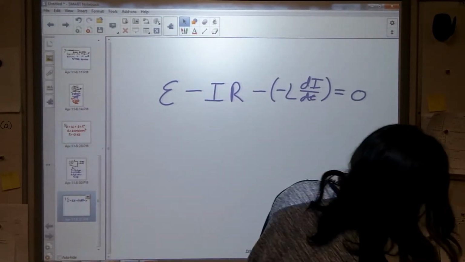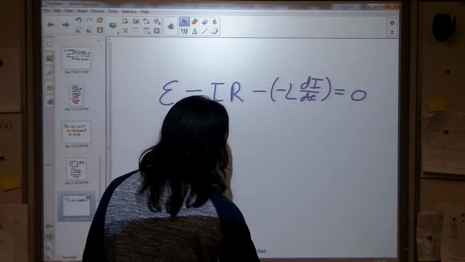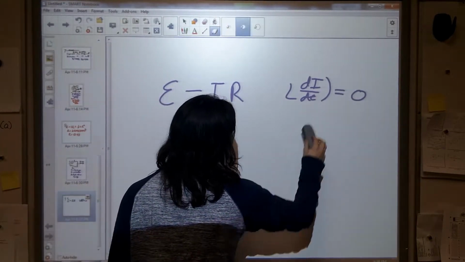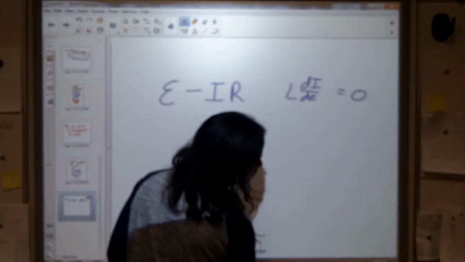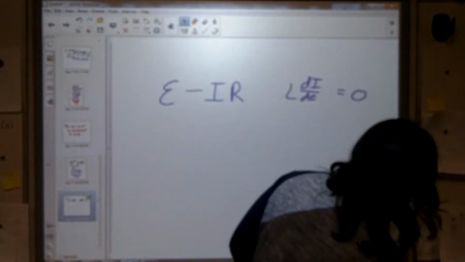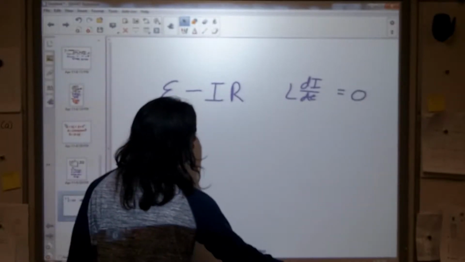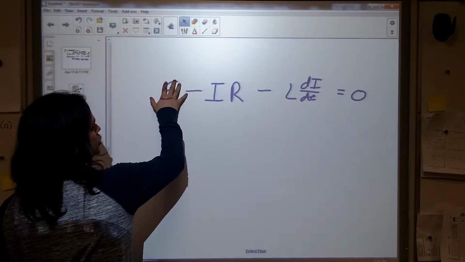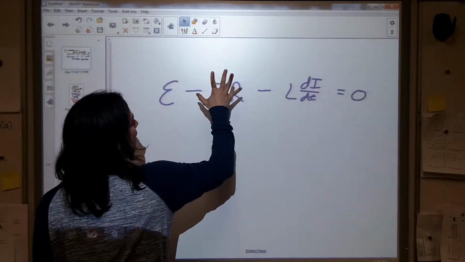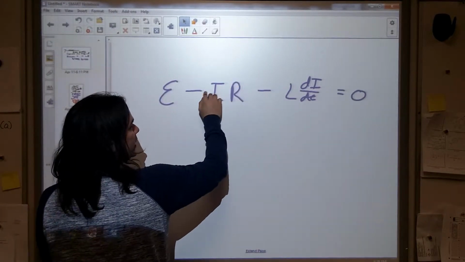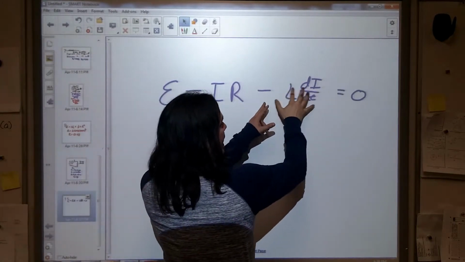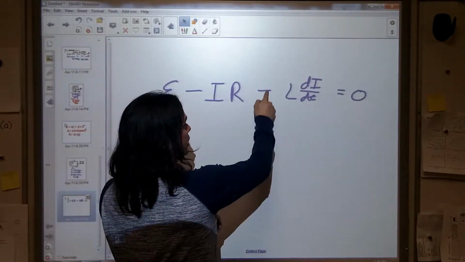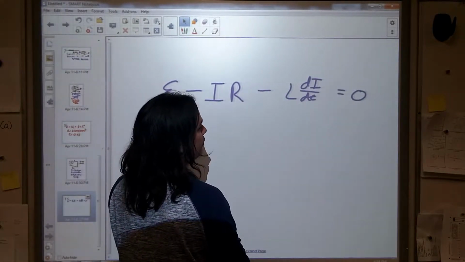Hang on just a second, let me check my notes. I'm actually going to take a positive here. I'm going to use the absolute value of that. I need one negative here, and the reason is the battery is supplying energy, and these are potential differences. The resistor is removing energy, so I need this to be a negative, and the inductor is storing energy, taking energy away from the circuit, so I'm just going to keep the one negative here.